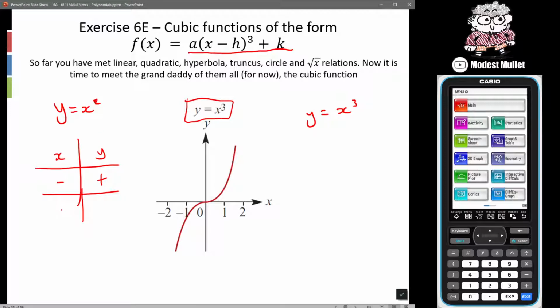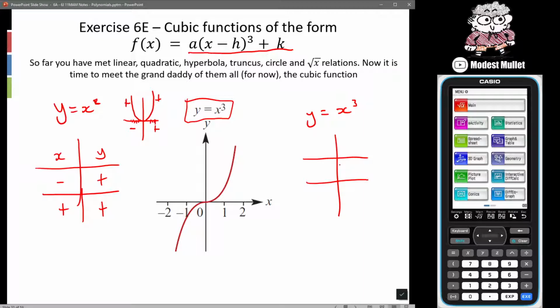And then again, if I put a positive in and then square it, it also becomes positive. So that's why we get that shape of a quadratic. I'm putting in positives and I get a positive out. I'm putting in negative values, I get a positive out.